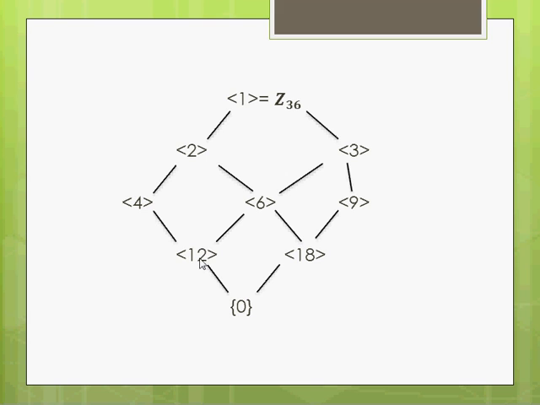But just to point out one thing, it's not like 12 is only contained within 6. Obviously it's contained within 2 as well, and the whole group as well. This just shows the hierarchy from largest to smallest. So I hope that makes intuitive sense for you.